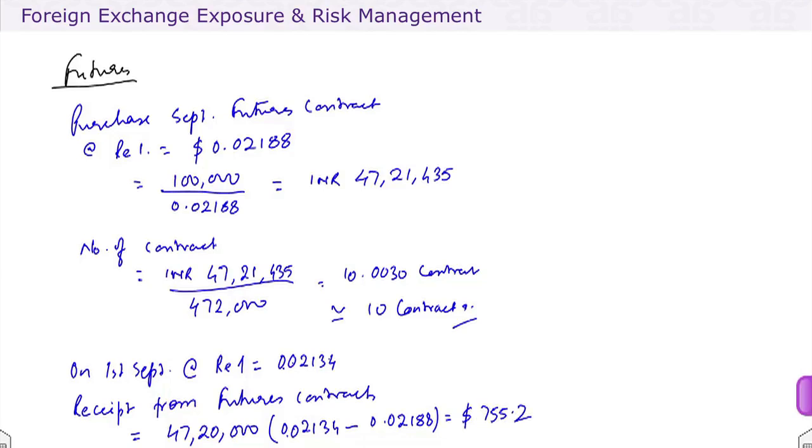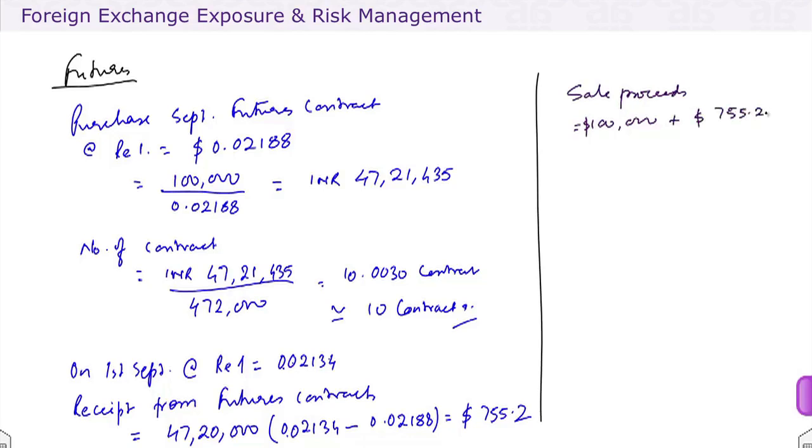Now, if you want to put it separately to work out and show it, the sales proceeds will be: you get $1 lakh as receipt, plus you get from futures $755.2.